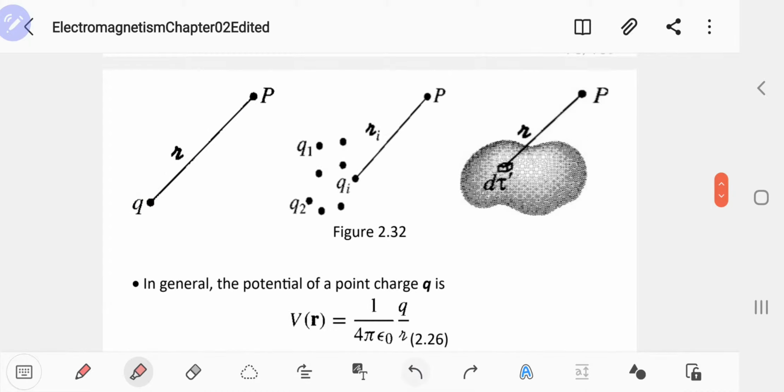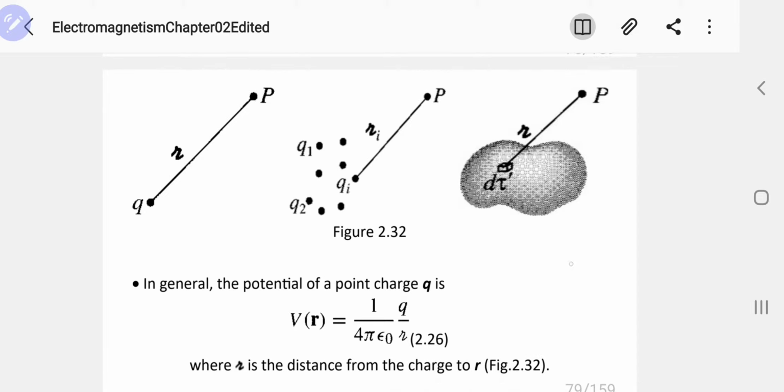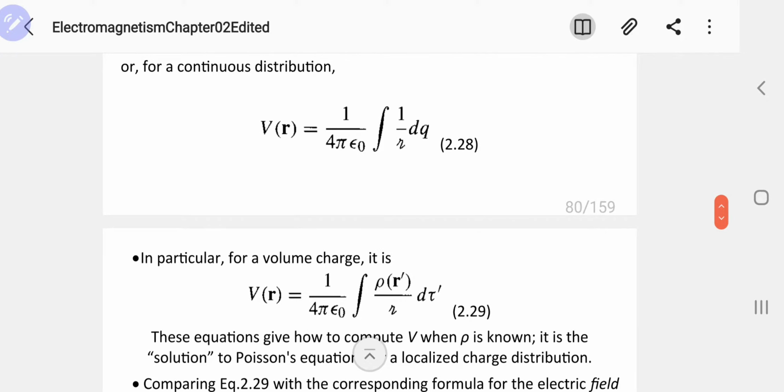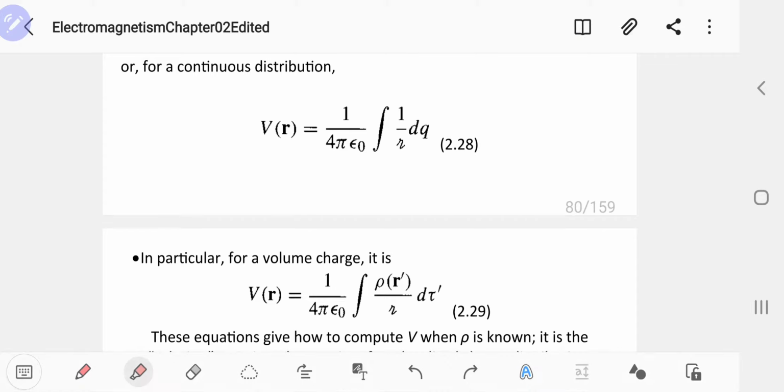Let me just erase everything. By the way, in particular, if you have a solid distribution of charges, then as in the previous lecture, dq is just equal to rho d tau, the derivative of the volume, because for a uniform distribution, of course, rho is equal to q over the total volume tau.